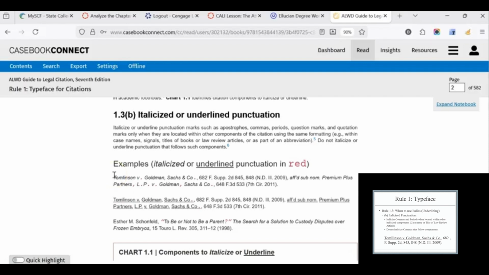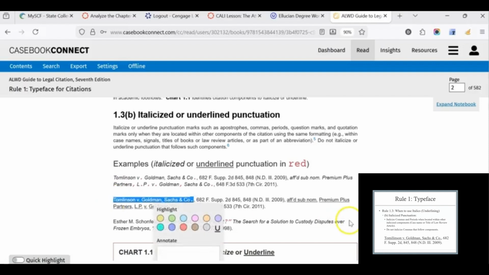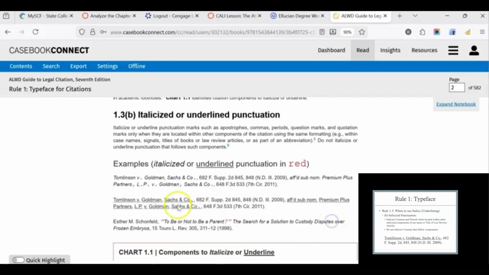Here I have them underlined because it's easier to see. But that last little comma right after Co period is not italicized because that does not include the component. So it can be very technical. It can be.